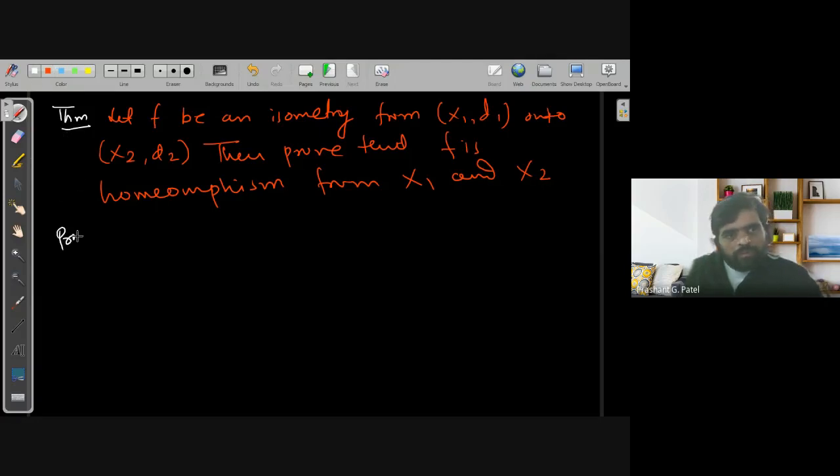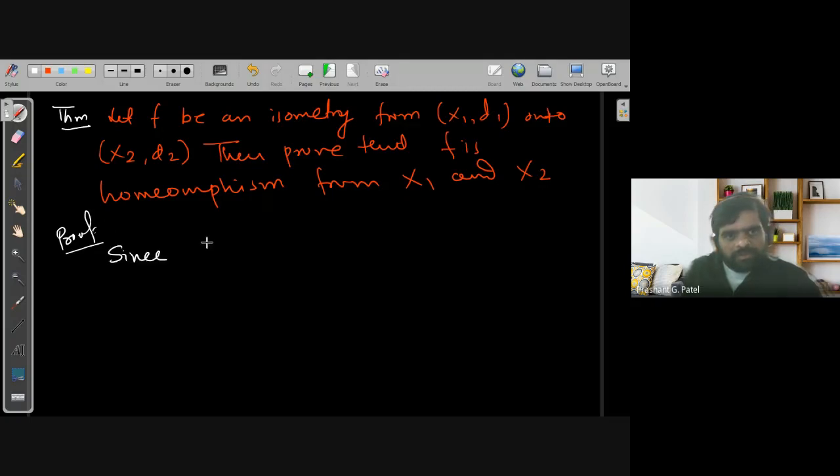So let us try to prove this statement. Since it is given that f is an isometry between x1 and x2, it is one-one and onto. So f inverse is defined. That we can write first.